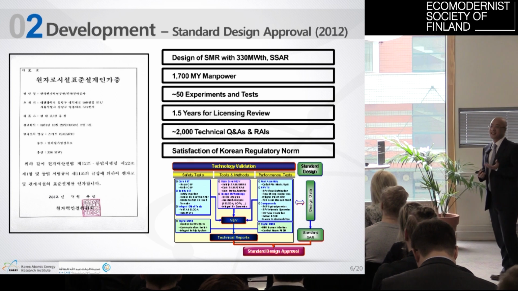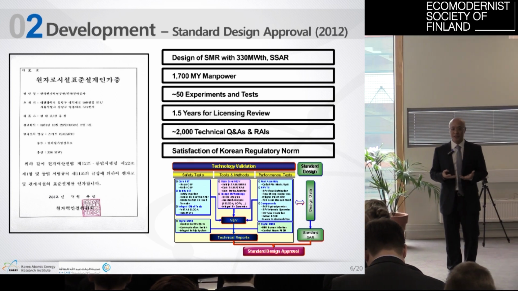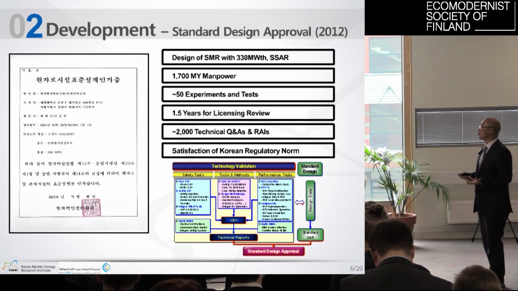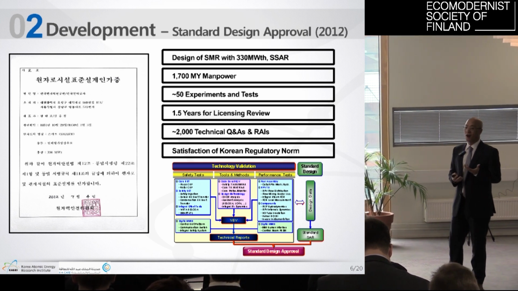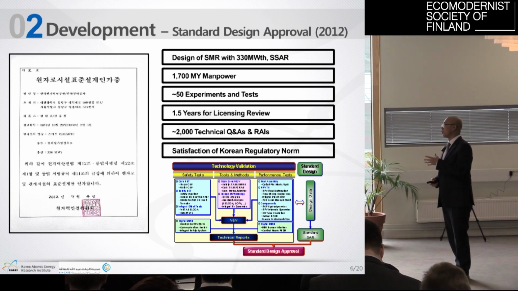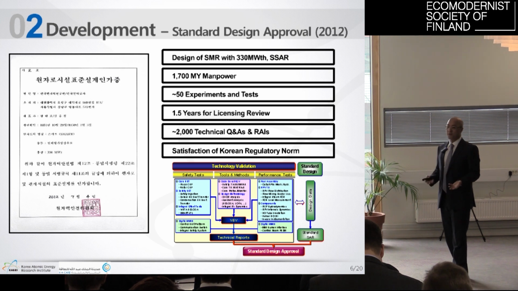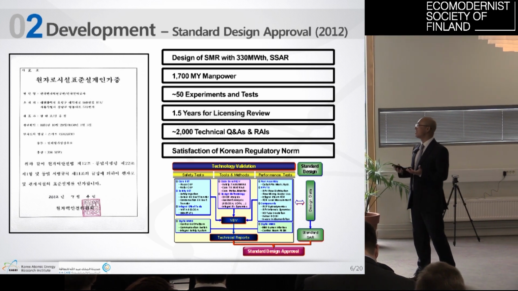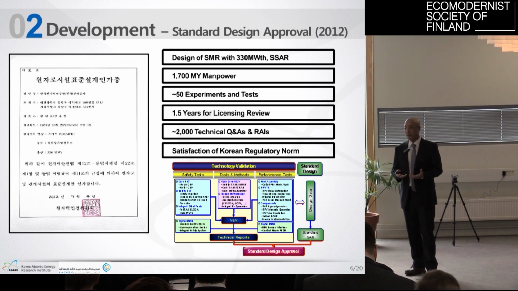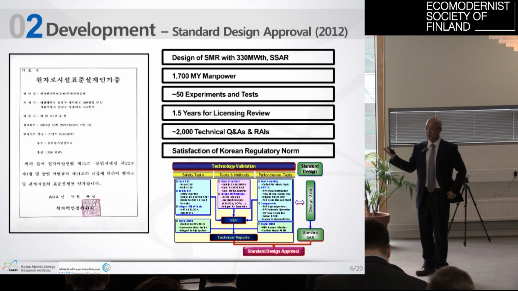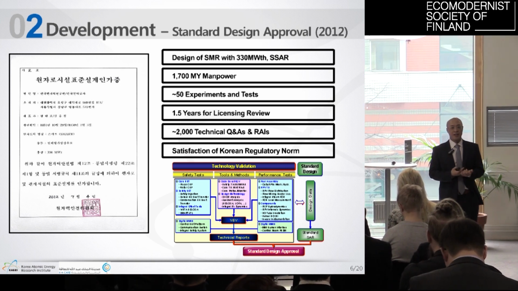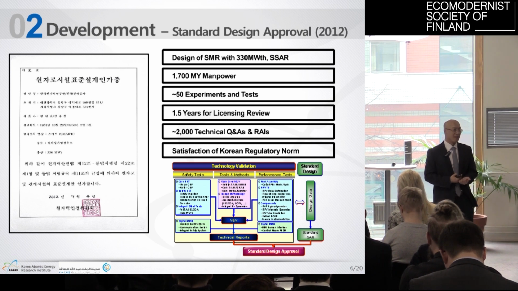KAERI designed the small modular reactor with 330 megawatts thermal, and we issued the safety analysis report and a lot of related documents. During the SDA, we performed around 40 experiments. All of SMART's specific technologies were validated using those experiments. 1.5 years were needed only for the licensing review.